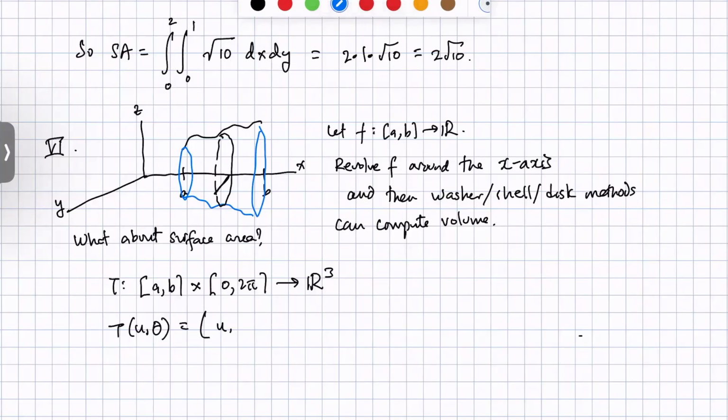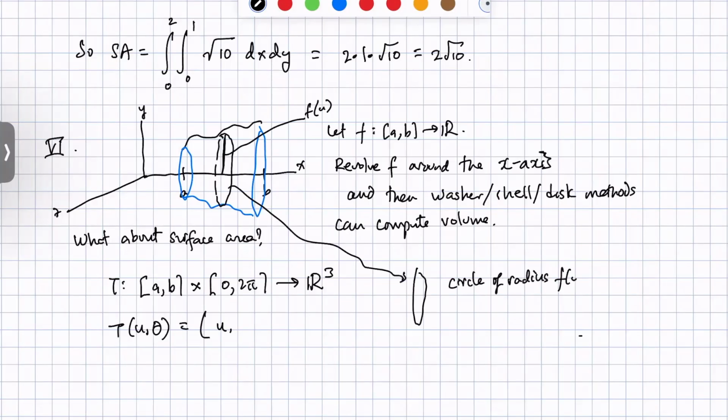Suppose I exchange y and z. So here's y and here's z. This height is f of x, or f of u. So there's a circle here of radius f of u, and then theta will bring it around. So I have f of u cosine theta, and then f of u sine theta.